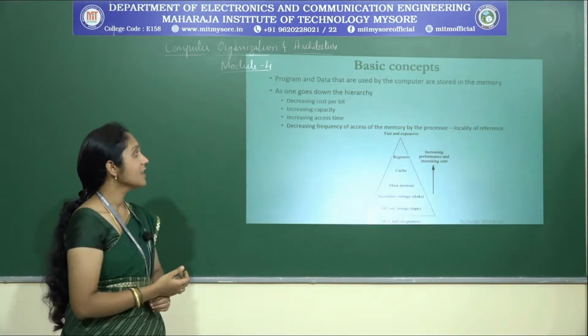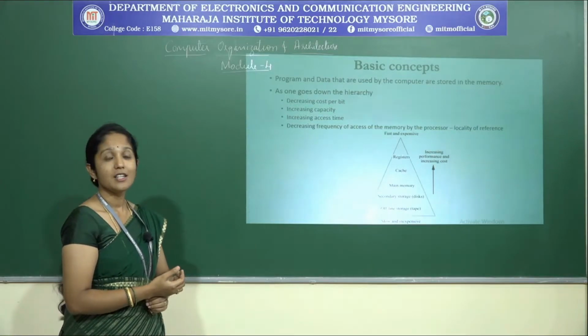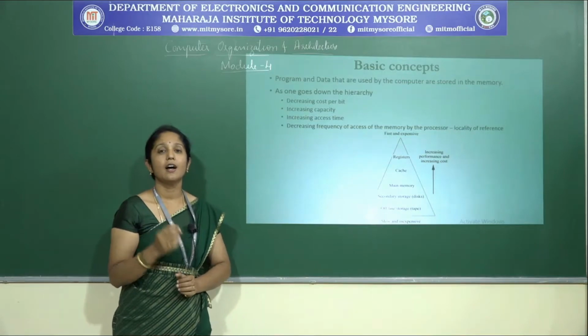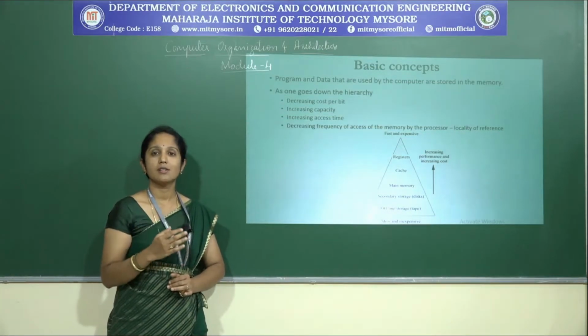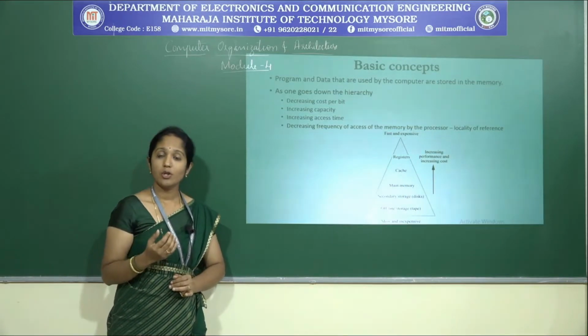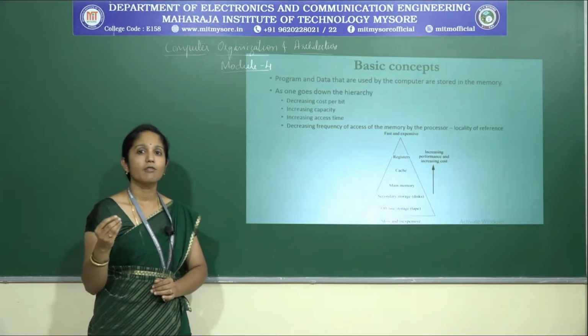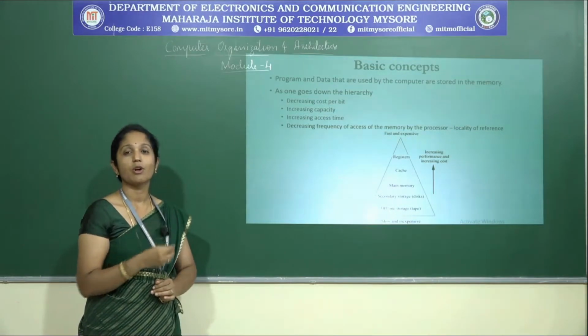Then, decreasing frequency of access of the memory by the processor. We know that usually the data are moved into the registers so that the processor makes use of the registers in order to achieve high performance. And also, if you have a segment of code which is to be frequently accessed, then that will be stored in cache memory in order to increase the speed.